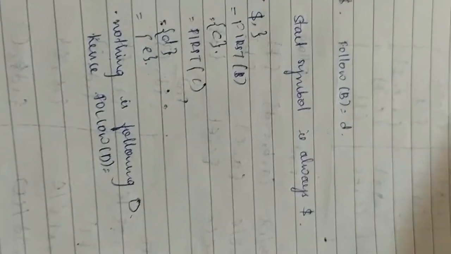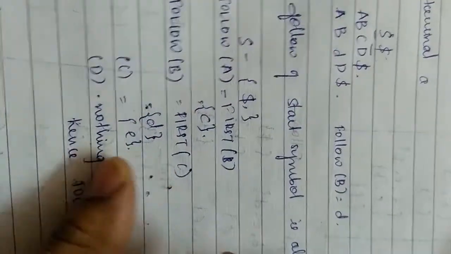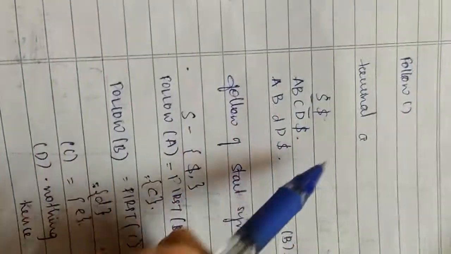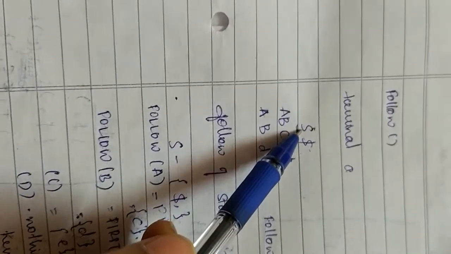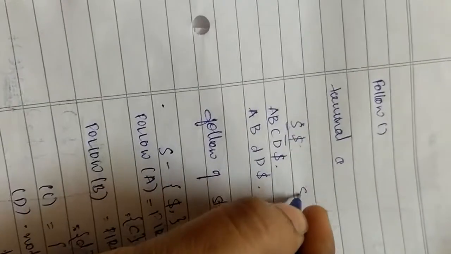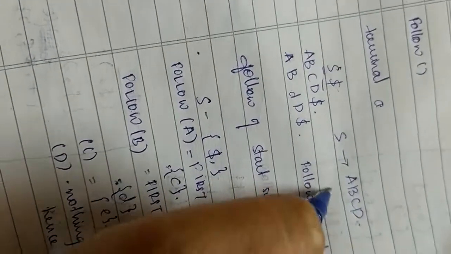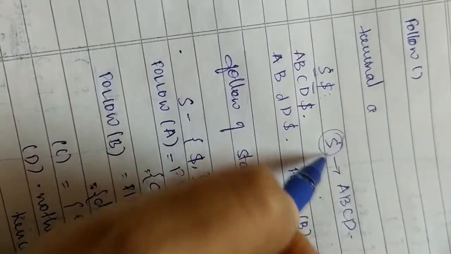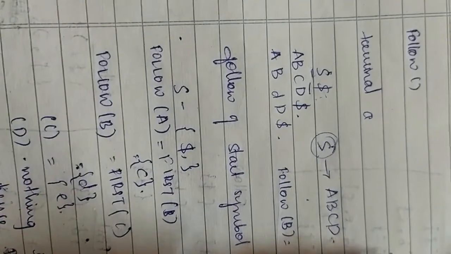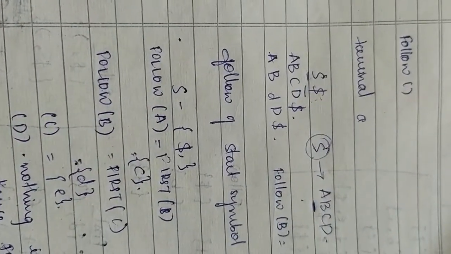So the follow of the start symbol is always a dollar symbol. So let's assume that S derives A, B, C, D. In this case, the follow of S is dollar, since this is the start symbol. Let's see what the follow of B is now.